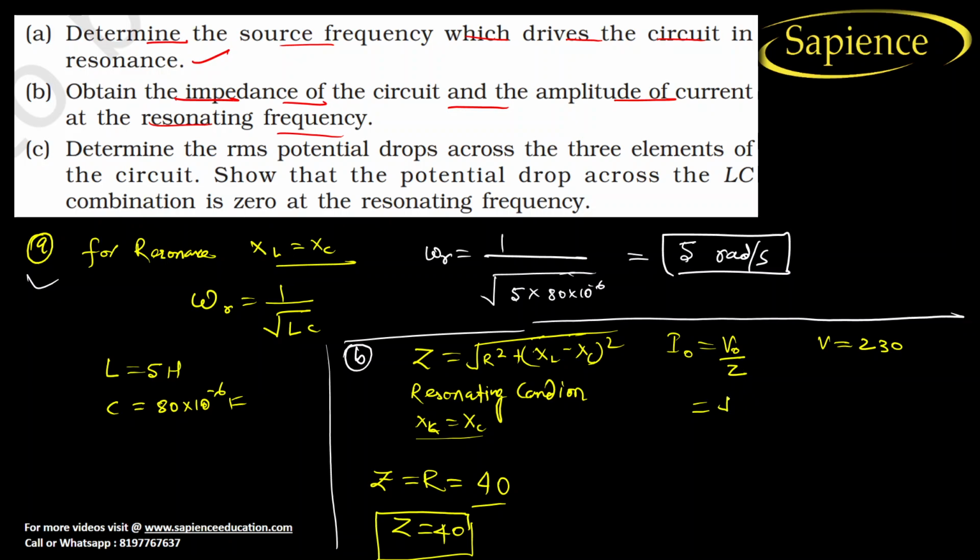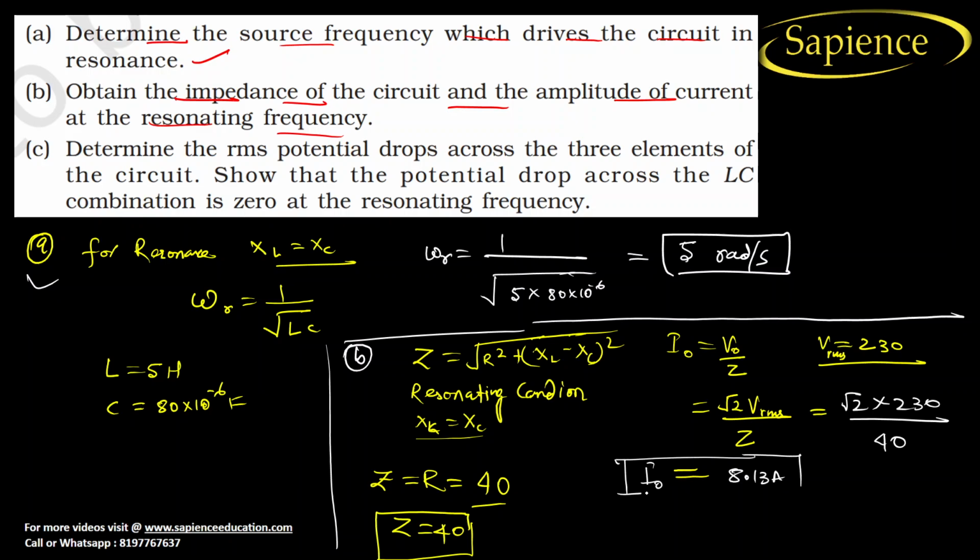Peak voltage will always be equal to root 2 into V RMS, and they have given you the RMS. So just put the value: root 2 into 230 divided by Z, that is 40. When you calculate it, you will get 8.13 ampere, and this is the peak value of current. I hope you have understood this one.